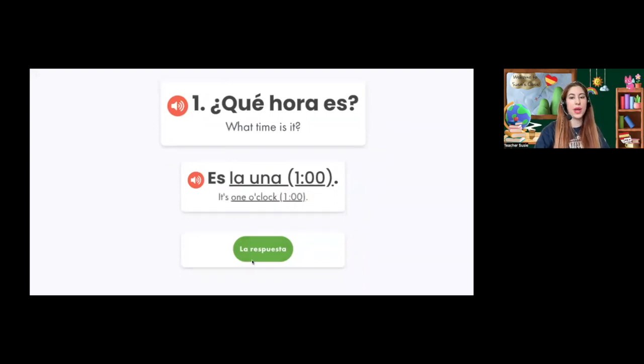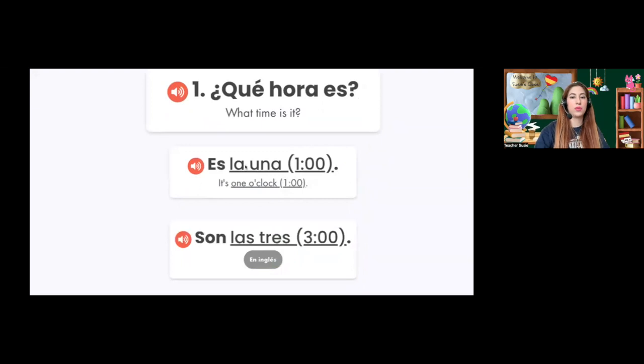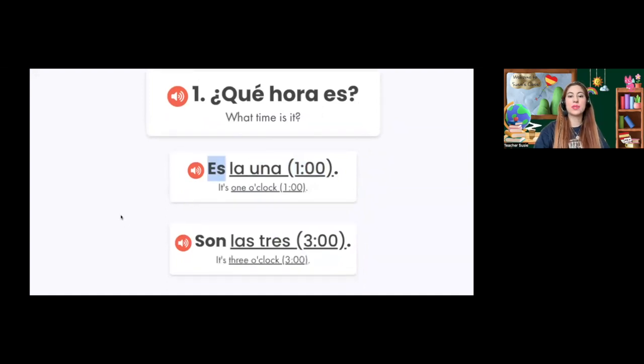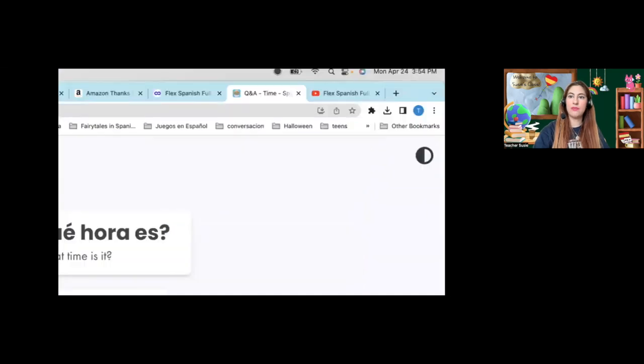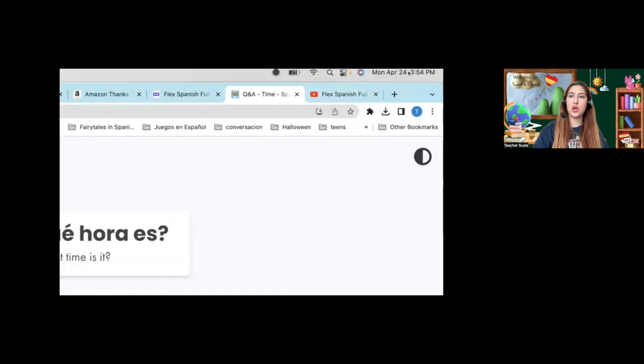Es la una. Remember, one is the only one we say es because it's singular. All the other times we start by saying son. Son las 3, which is, by the way, the real time for me right now. Son las 3:54.